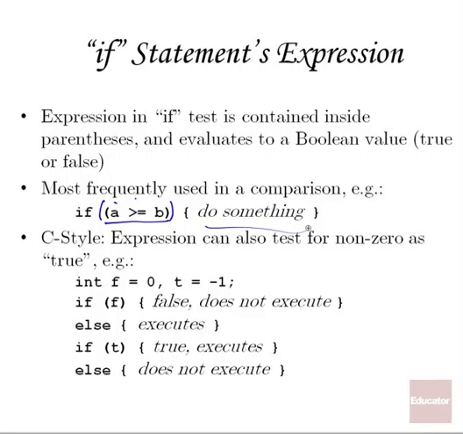Now, one of the things inherited from C is that Boolean can be loosely defined. Basically, if it evaluates to 0, it will be considered false. If it evaluates to anything else, like -1, it will be considered true. That can be confusing. It does have its uses here and there, but for the most part, you want to stick with Boolean values.